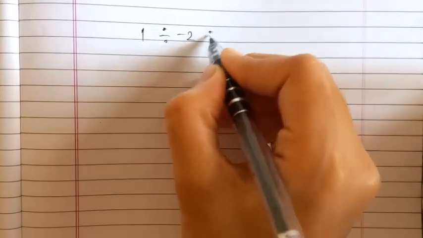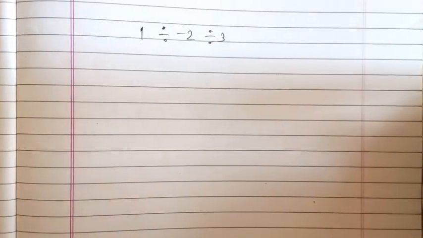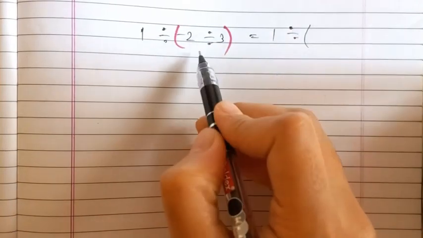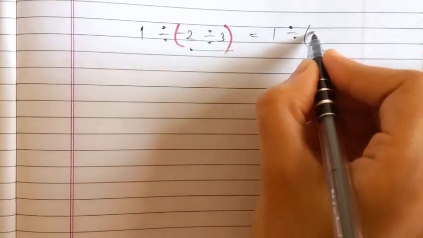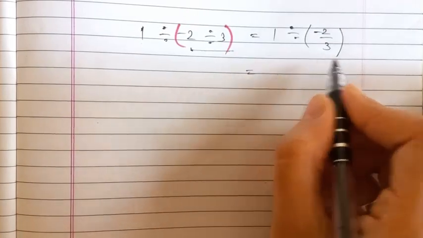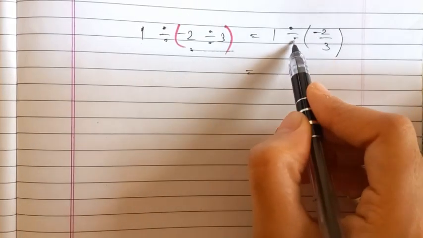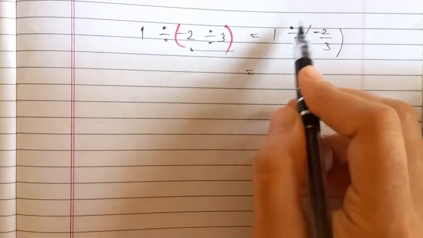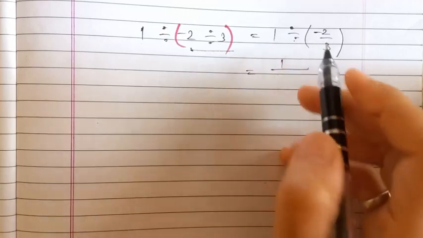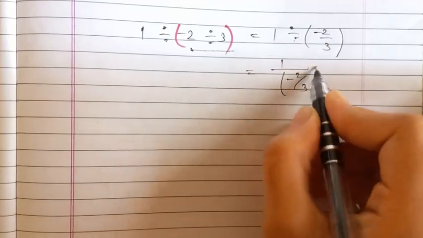So 1 divided by -2 divided by 3. Now we take these two as a group first. So 1 divided by this division, which can be written as -2 by 3. Before the division sign we write the number in the numerator and after it in the denominator.